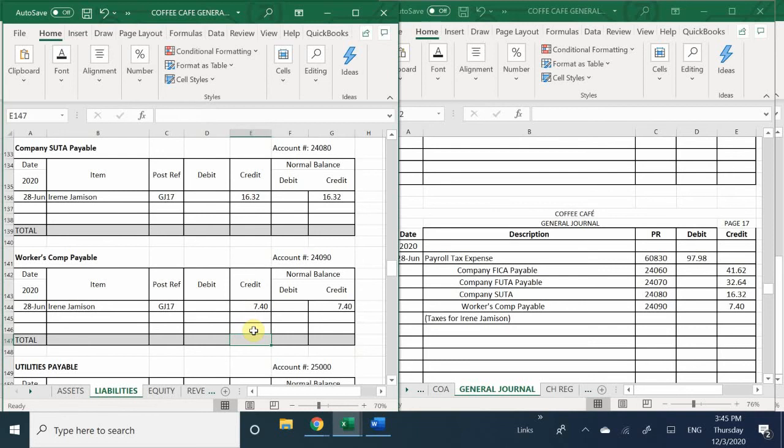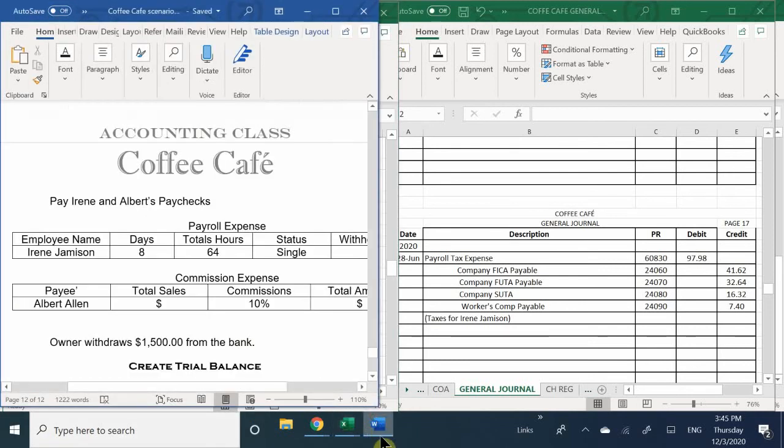Okay. Good. So now the next scenario says, now we have to calculate our commission expense for Mr. Albert Allen. So where do we find our commissions expense and how much do we owe him?